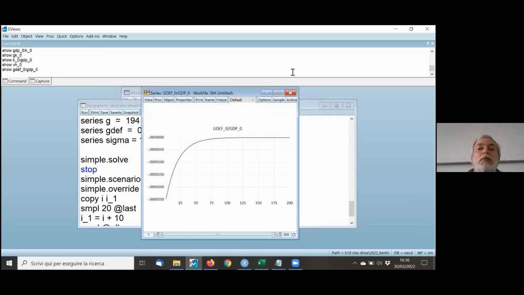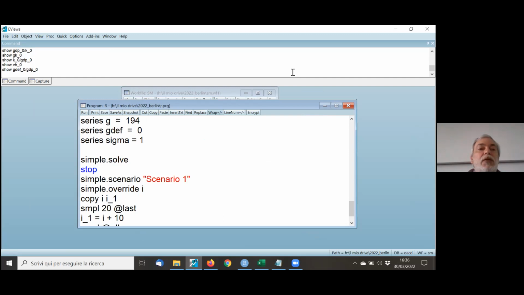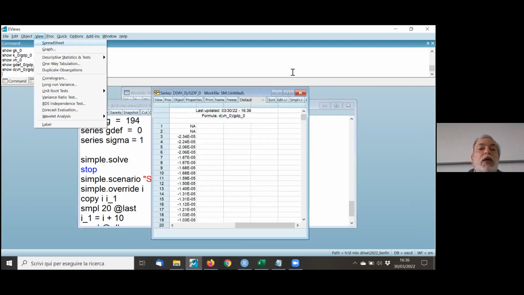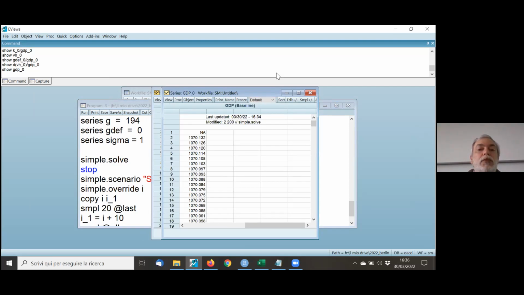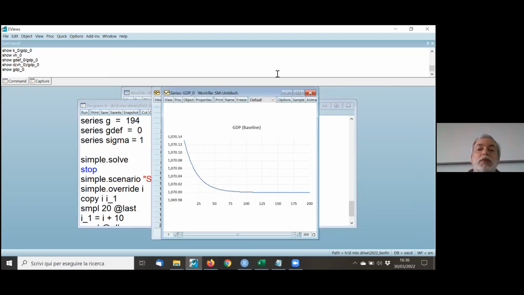Yeah, now the government deficit is at 0. So household saving is 0. Everything is stationary. Okay.